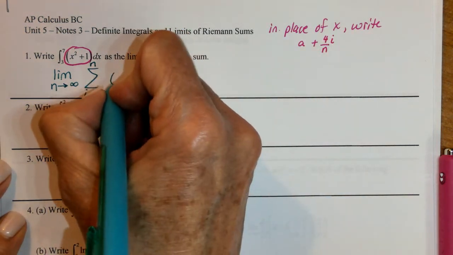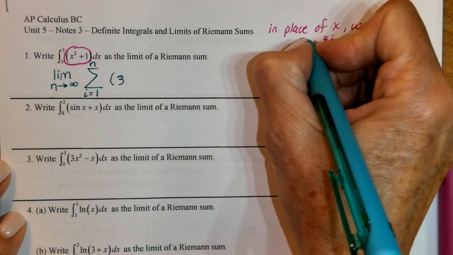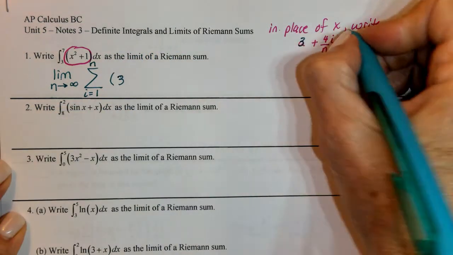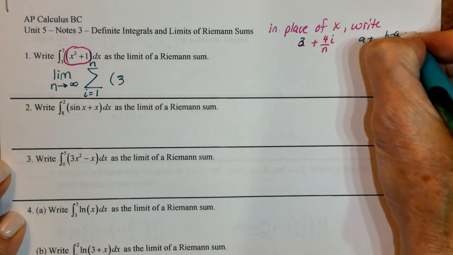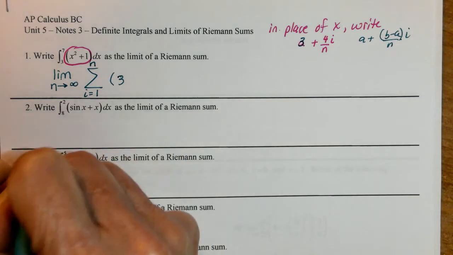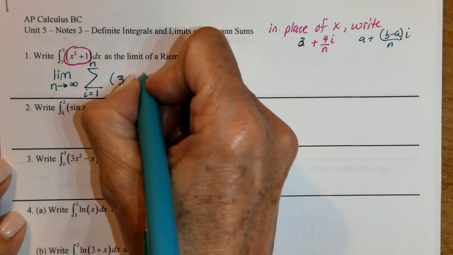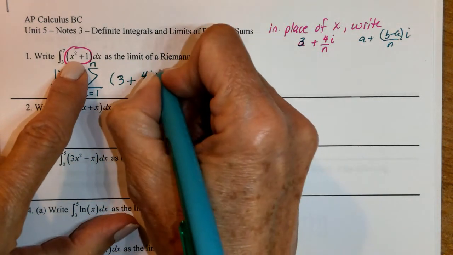So we're going to have a is 3. I should have written that as a 3, not a. This is a plus b minus a over n times i. Okay, 3 plus 4i over n. The x is being squared.